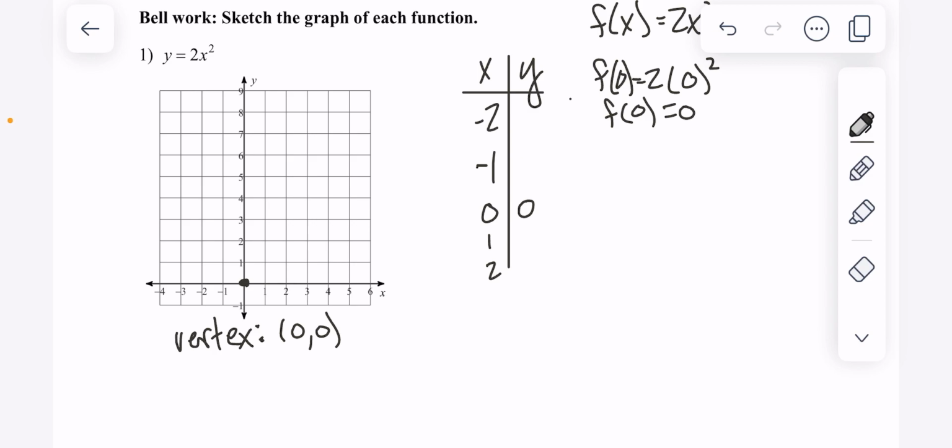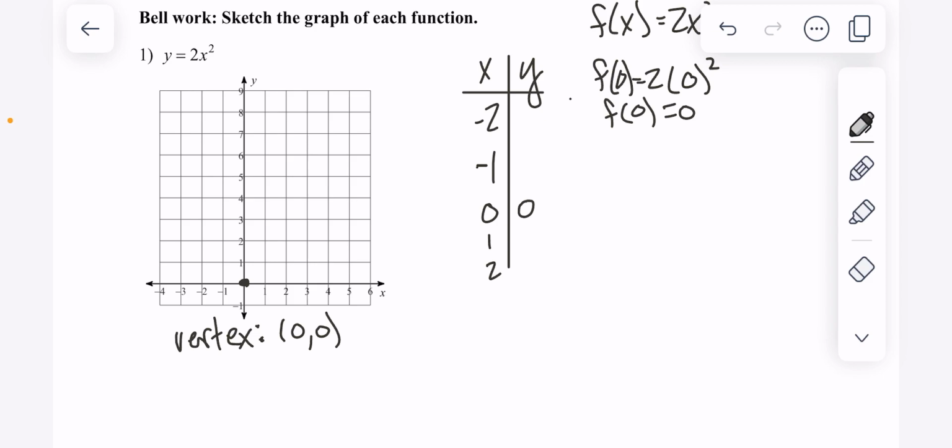The reason why is because our traditional quadratic graph, and I think you did one of these where it's just y equals x squared, goes through the point 0, 0. So if I'm going to multiply that by anything, when I plug in 0, it's still just going to give me 0. This one is just x squared times 2.